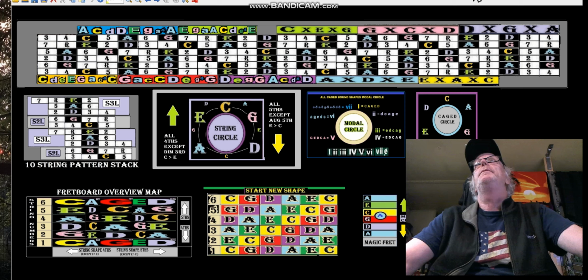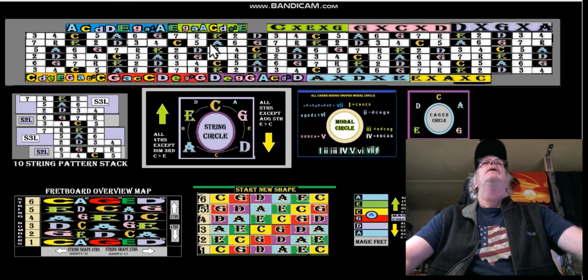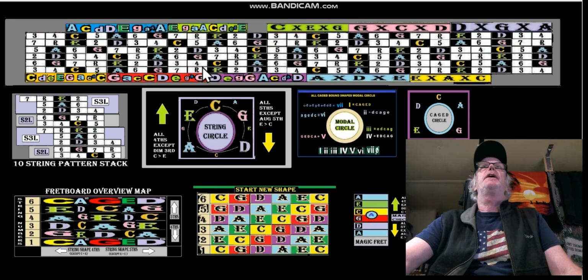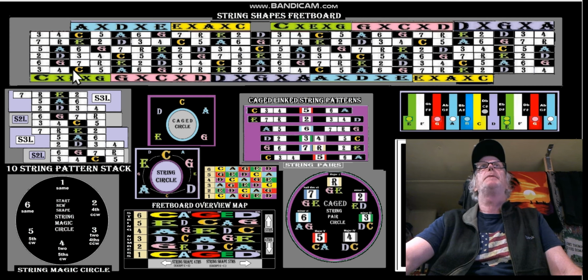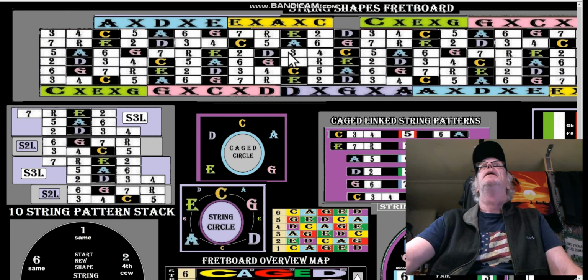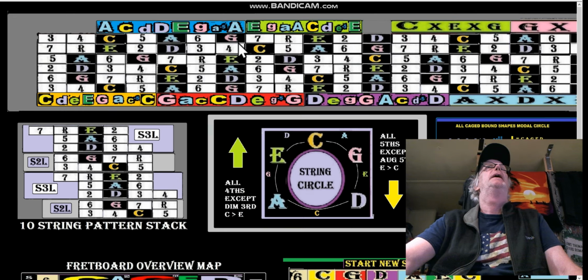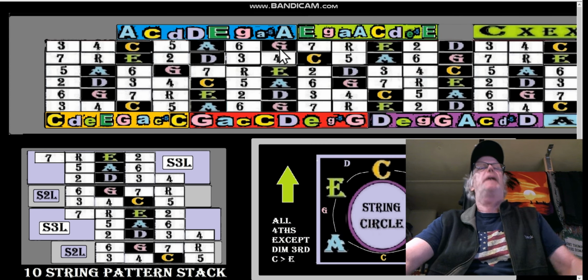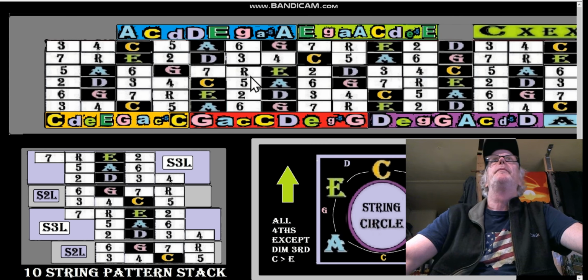So what are we talking about here? The string shapes are repeating. Okay, so of course the bottom string shapes. Did we just change fretboards? I hope not. We're still on. Oh, that's 148. Okay. All right. Yeah, I didn't hit control.